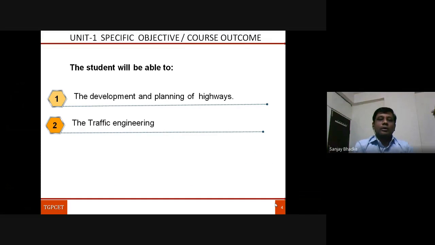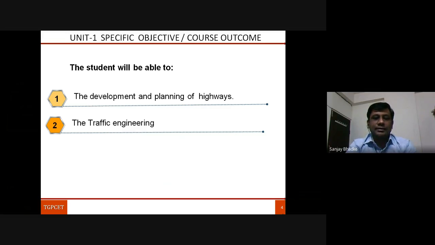So what are the specific objectives or course outcomes which we are going to study in this topic? Basically, the main aim of this topic is that the student will be able to understand the development and planning of highways.